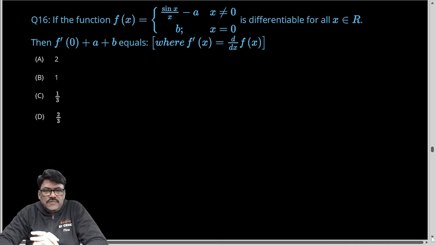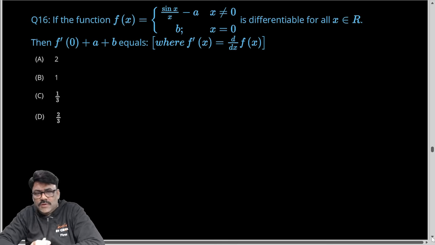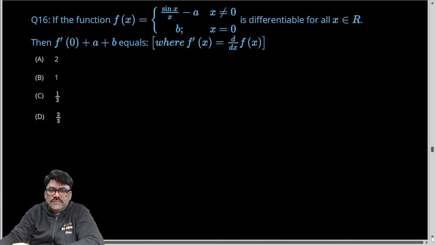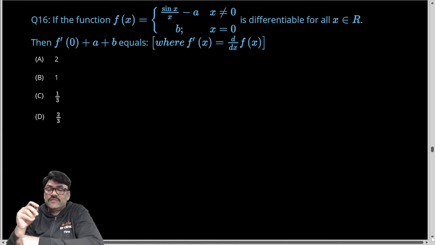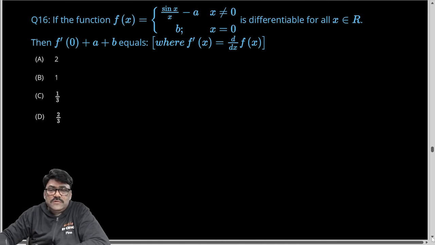See this question. This is from differentiability. This function is given as differentiable at x is equal to 0. So then what will be f dash 0 plus a plus b? Since the function is differentiable at x is equal to 0, it must be continuous also at x is equal to 0.